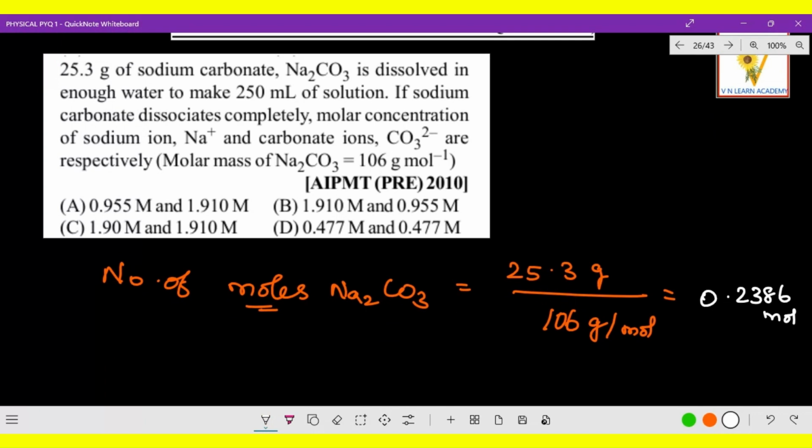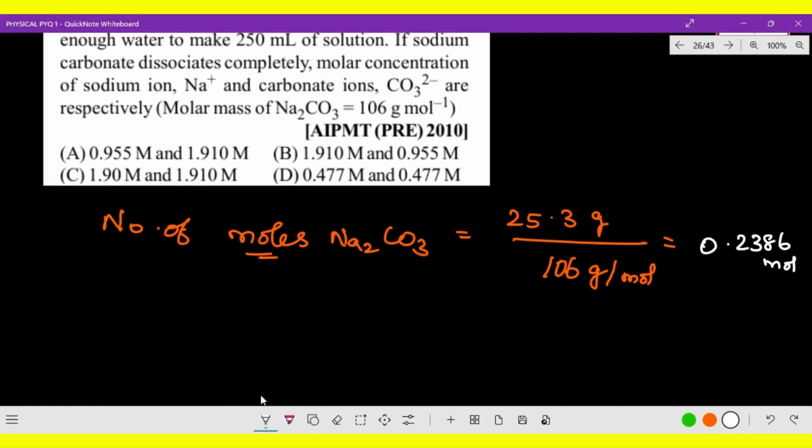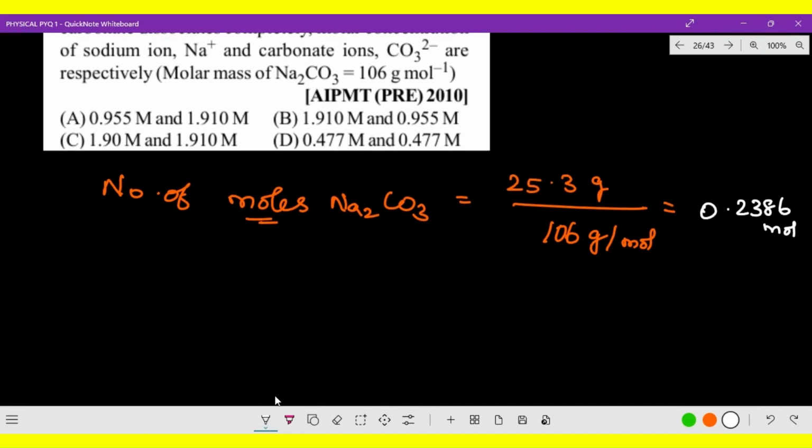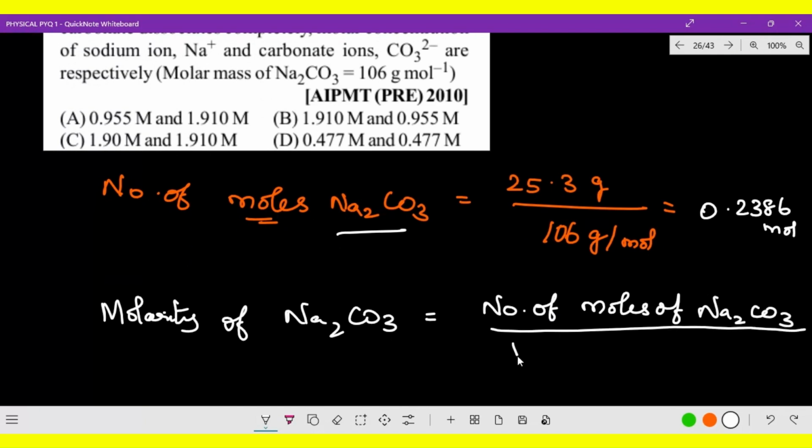The next point is to find the molarity. Molarity is the number of moles of sodium carbonate divided by the volume of solution in liter. Since it completely dissociates, there is nothing to worry about.